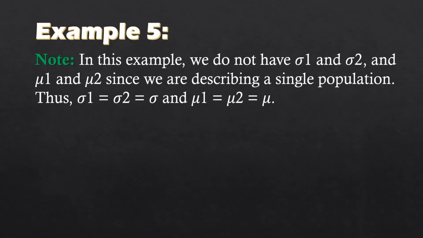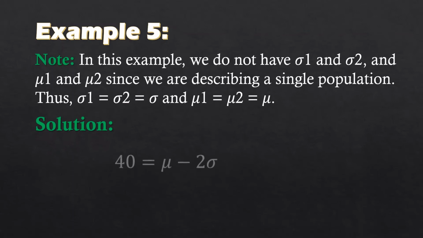Let us note that in this example, we do not have sigma 1 and sigma 2 and mu 1 and mu 2, since we are describing a simple population. Thus, we can assume that the standard deviation for data 1 and data 2 is equal, and the same with their mean.